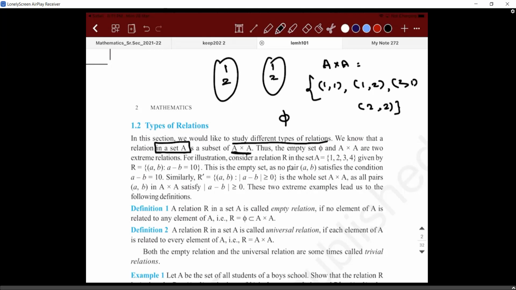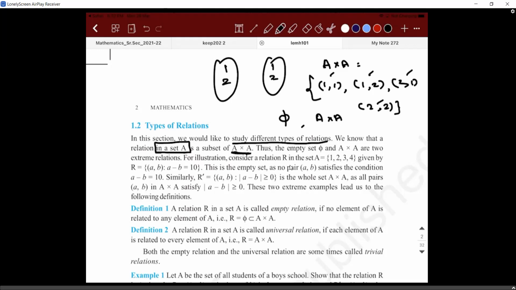It means that you have different ordered pairs, and these ordered pairs do not have any relation among them. So (1, 1) has no meaning, (1, 2) has no meaning. That is the meaning of writing the null set. If I write A cross A, what am I trying to say? Every element in every ordered pair is related to each other.